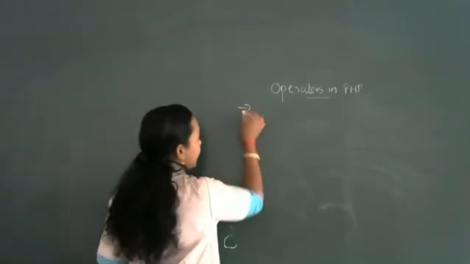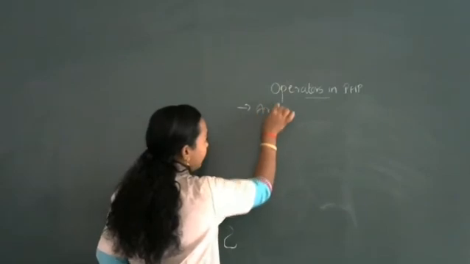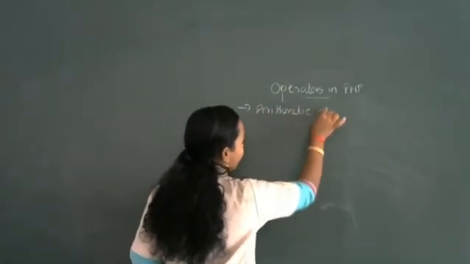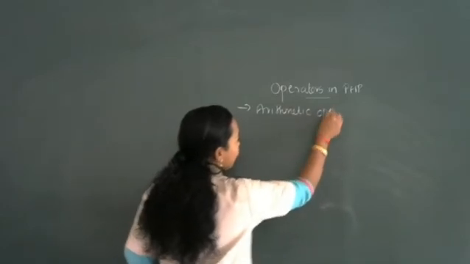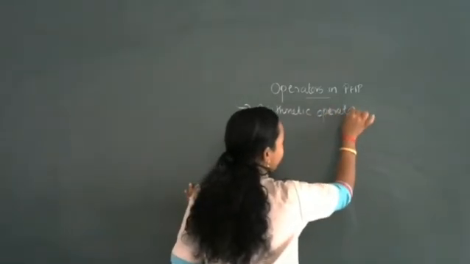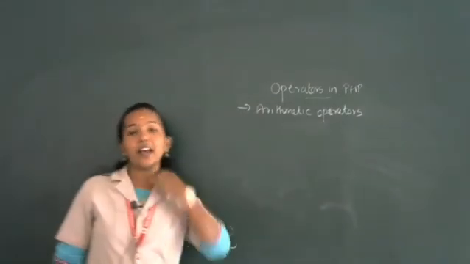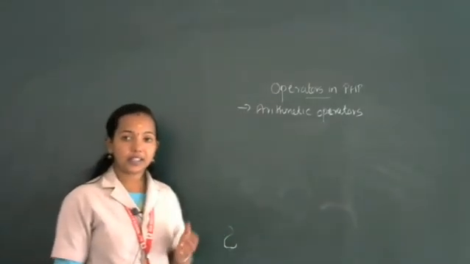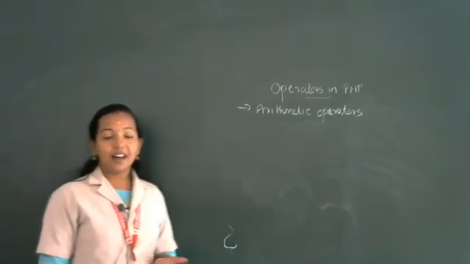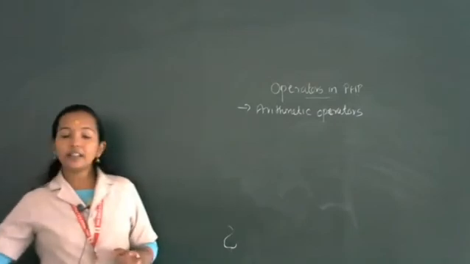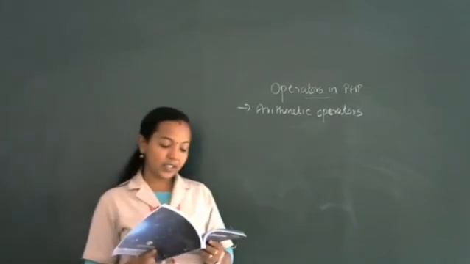First operator is arithmetic operators. Arithmetic operators means basic arithmetic operators like plus, minus, star, division, modulus operator. These all belong to the arithmetic operator category.